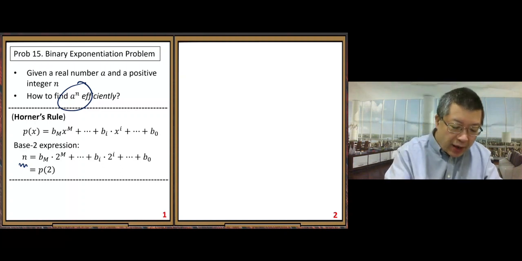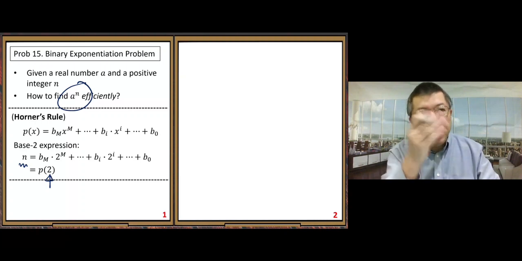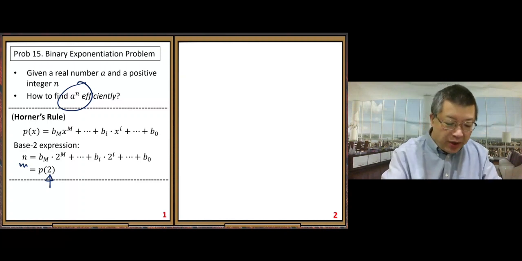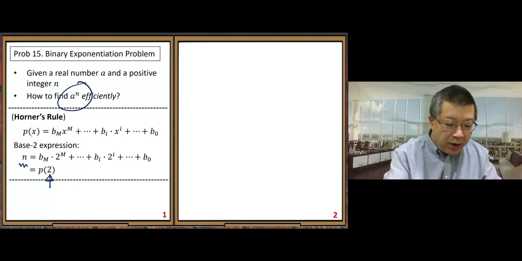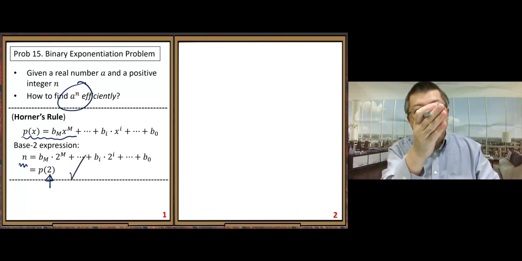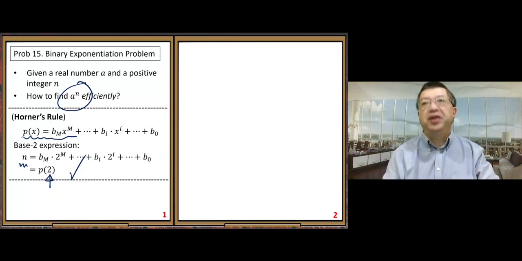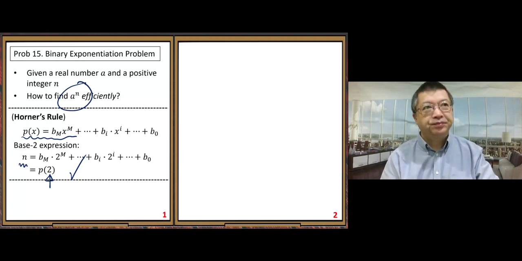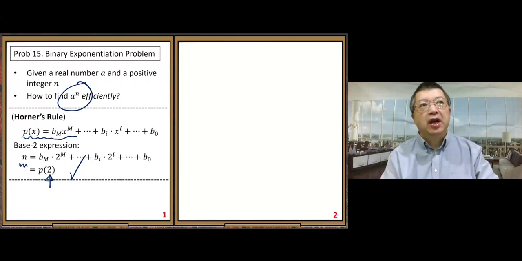When we write it as a binary representation, base 2 representation, we can interpret it as a special polynomial p at one special point, x equals 2. That is the special view change.